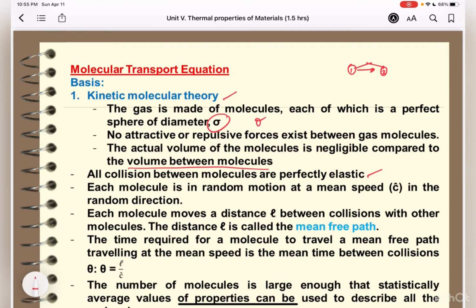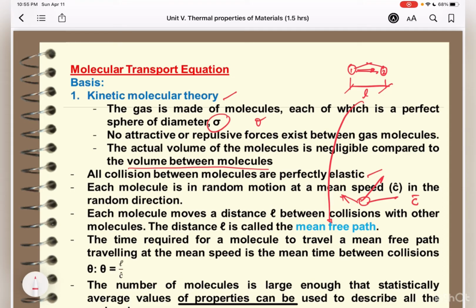If I have this molecule, it can travel freely in any direction with a speed of c bar. Now each molecule moves a distance L between collisions with other molecules. So for example, if this molecule collides with molecule 2, the total distance it traveled is given by L. And we term this as your mean free path.